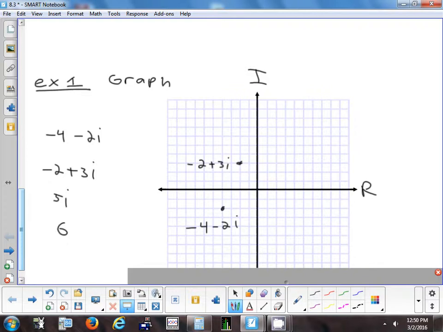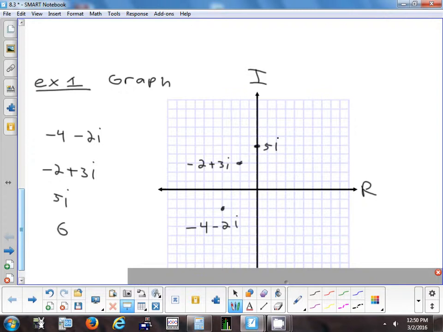How about 5i? What's the real part there? 0. So this is like graphing 0 plus 5i. It's like graphing the point (0, 5), just up 5. Okay, Olivia, what's the real part of 6? 6. What's the imaginary part? 0. So this is like 6 plus 0i.